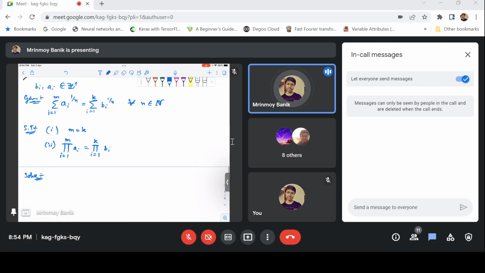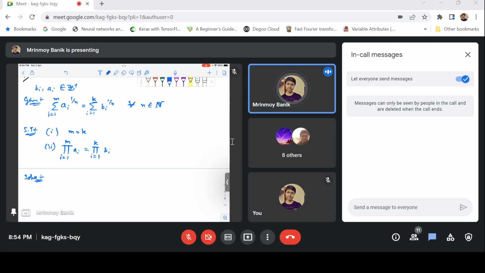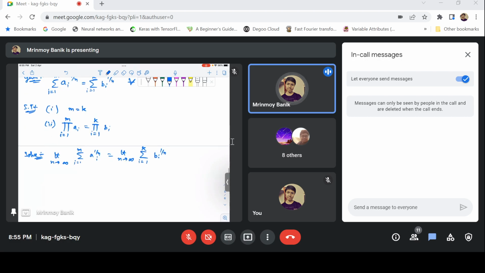So this one is quite easy. You just take limits on both sides since it's true for all n. So taking the limit as n tends to infinity, we get, now all these ai's and bi's are constants.